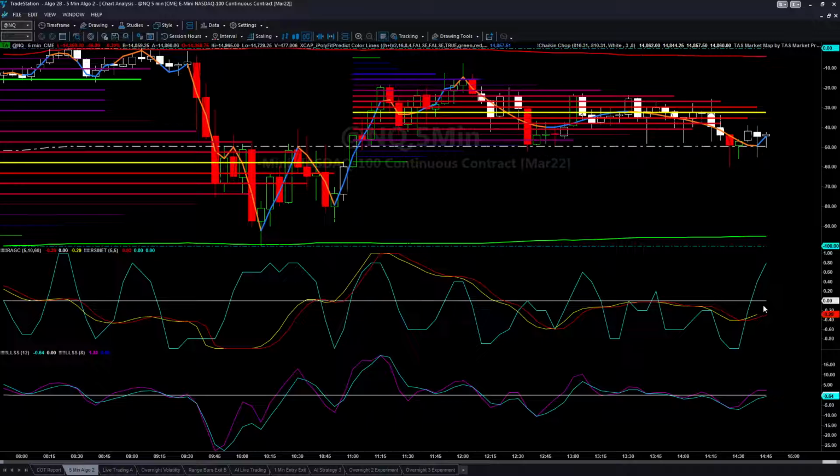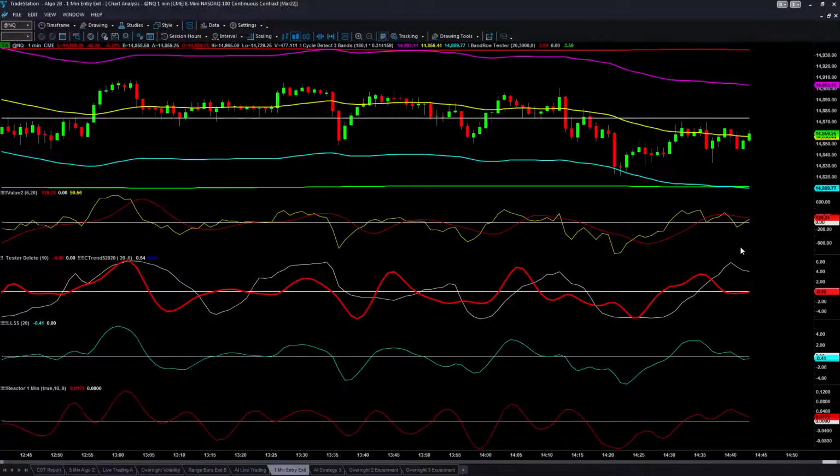This right now has an upward bias to it. Let's look at the 1 minute, so you can see the oscillation right there.